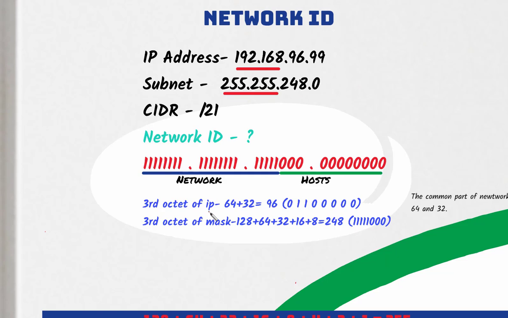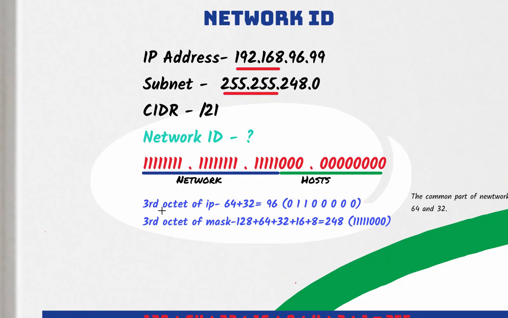So for the third octet, first I am taking the mask. The third octet of the subnet mask is 128 plus 64 plus 32 plus 16 plus 8, that means 248. That means 11111, five times 1, and then 000.